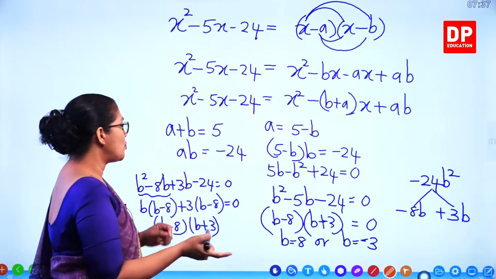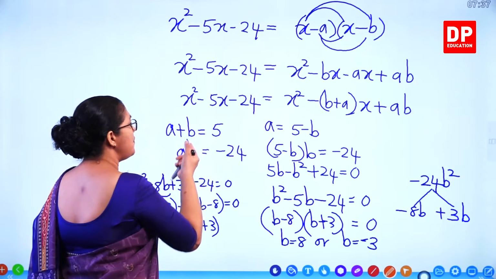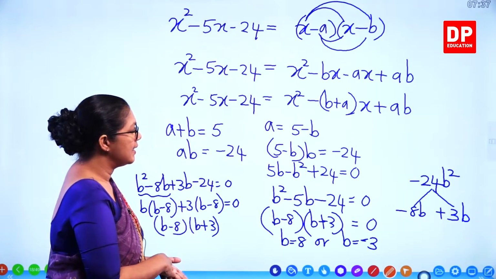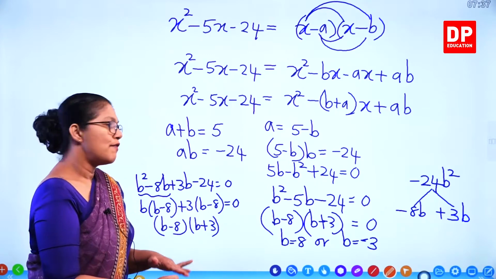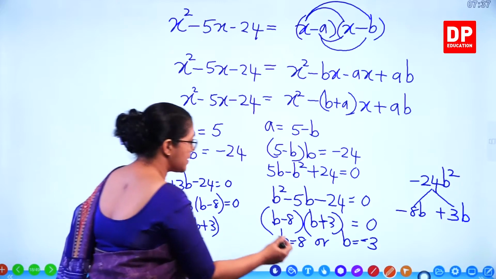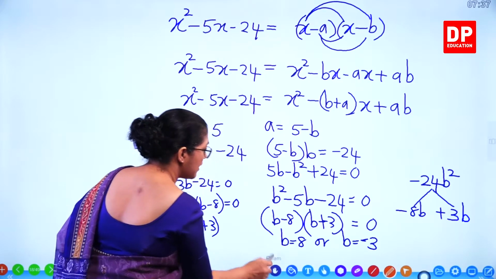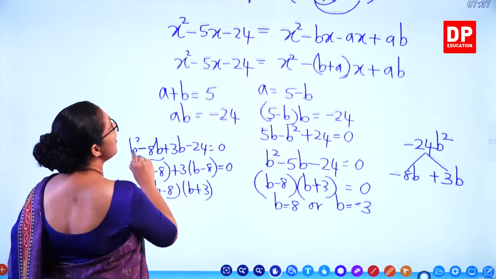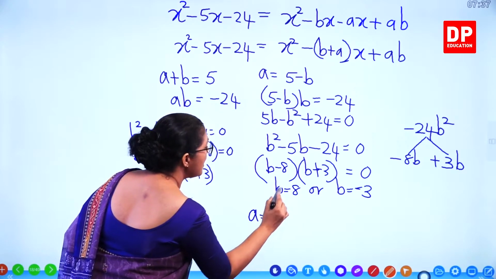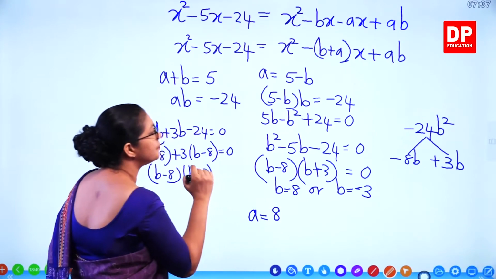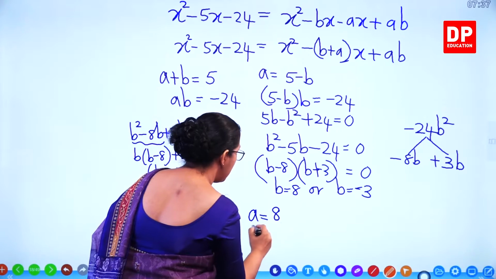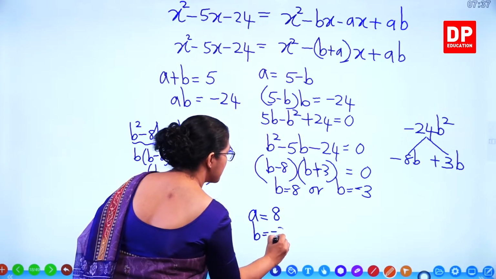So you can switch. Same thing you get for a. If b is 8, a should be minus 3. If a is 8, b should be minus 3. So you can take vice versa. So we can write a can be 8, then b is minus 3.